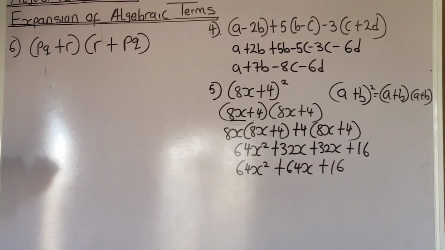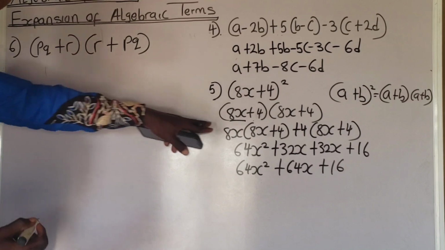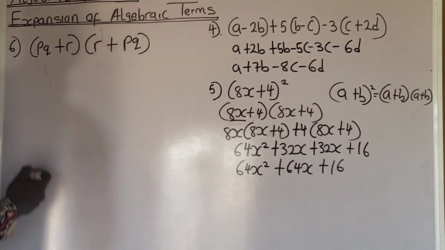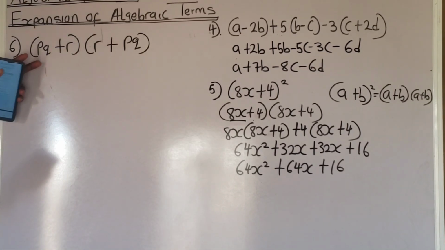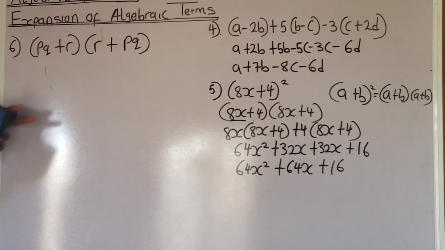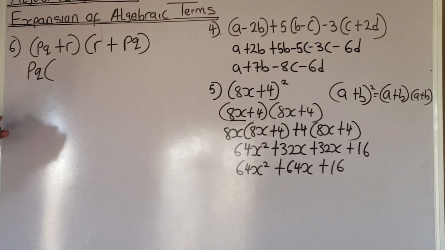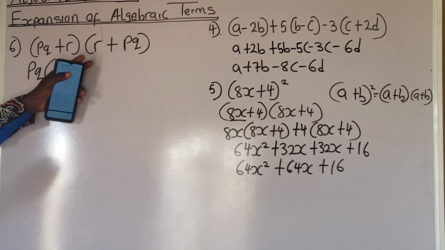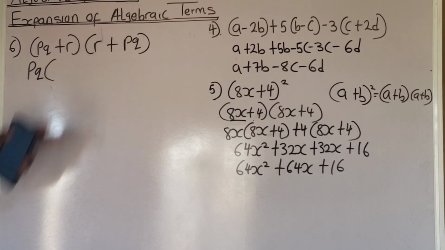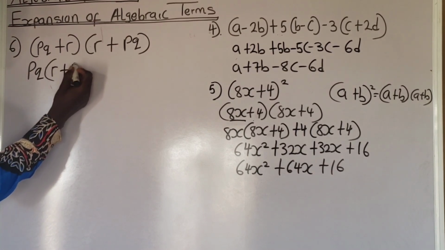We are still going to approach it like we did for the previous question. I'm going to take the first term of the first bracket to multiply all the terms in the second bracket. The first term in the first bracket is pq. So I'm going to have pq multiplied by all the terms in the second bracket, which is r + pq.